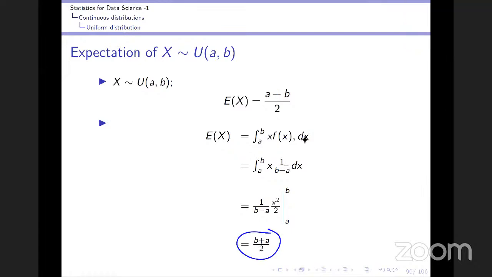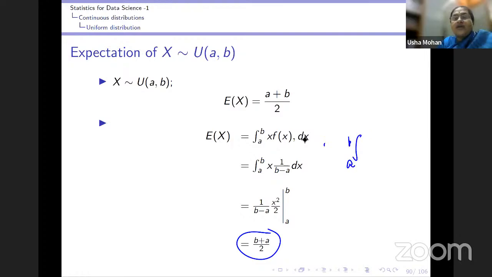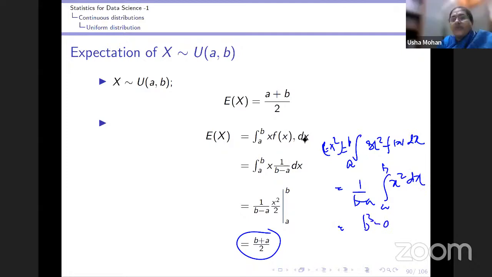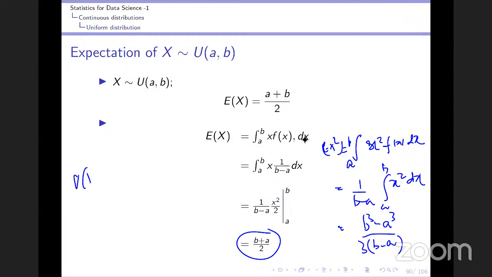Similarly, what would the expectation of x square be? It is the integral of x square f of x dx, which would be 1 by b minus a times the integral from a to b of x square dx. So what would that be? x cube by 3, that would be b cube minus a cube by 3 into b minus a. So what would the variance of x be?